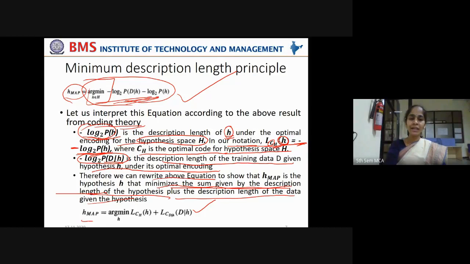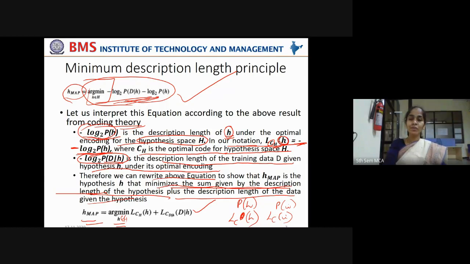Now, how are you writing this H map, argmin, H belongs to H? How are you writing this? Minus log 2 P of H. See, when you are able to write probability of i as LC of i, can't you write probability of H as L of C of H like this? Instead of probability, you are taking only the length of the encoded value.